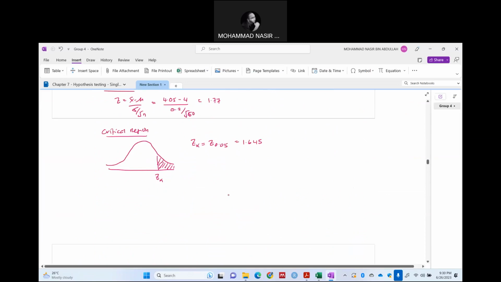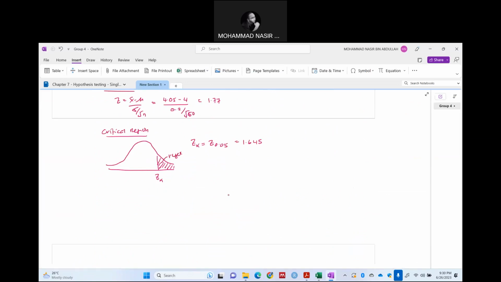So we should note that this is the rejection area and this is the acceptance area. And we make a decision. So we know the decision rule, so I don't need to state that decision rule again if you already understand.